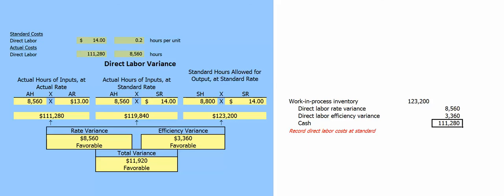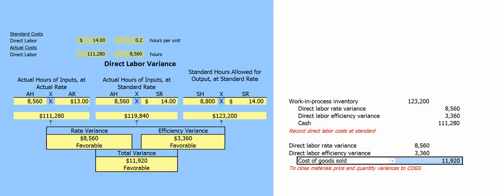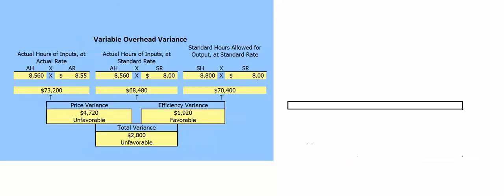So in other words, work in process is too high, which means finished goods will be too high, which ultimately will mean cost of goods sold will be too high. So to close this out, we will debit our labor rate variance as well as our labor efficiency variance, and we will credit cost of goods sold, which serves to reduce cost of goods sold.